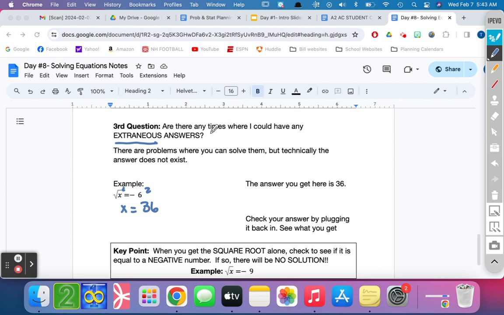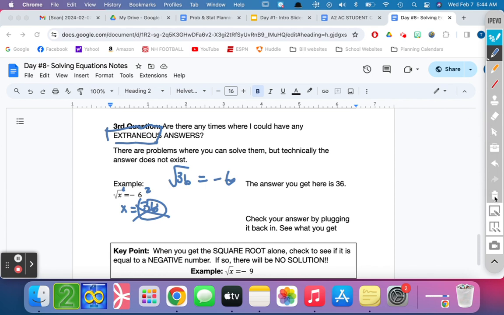Great. But if I plug that back in and I check my answer, square root of 36, I don't get -6. I'd get plus or minus 6. So technically, this answer of 36 does not work because it's extraneous. It's an answer that kind of works but doesn't overall, so we get rid of it.